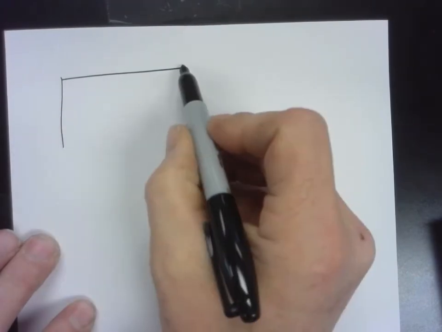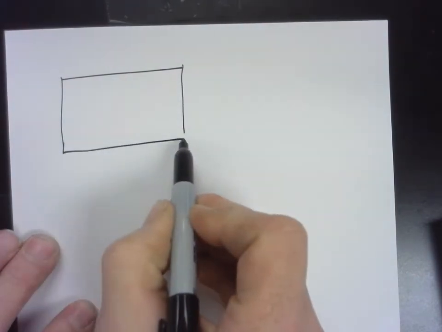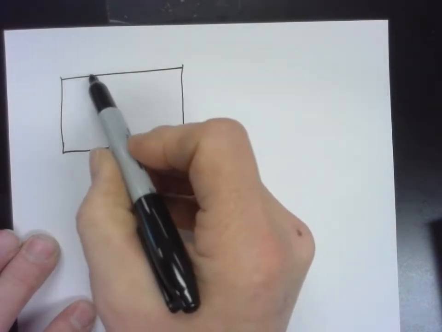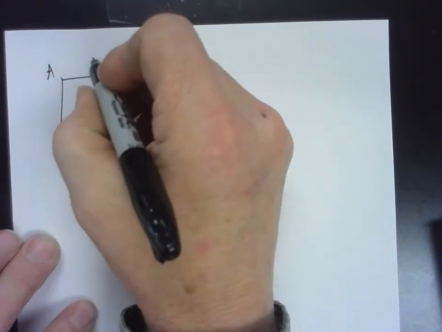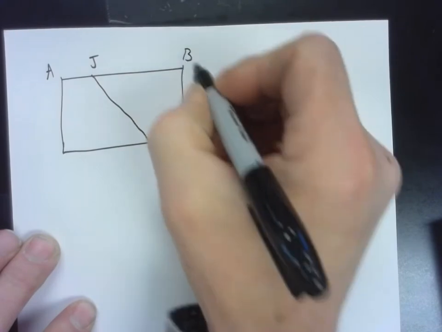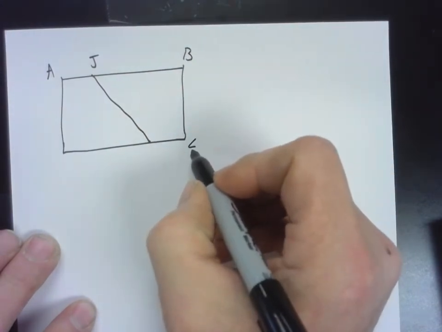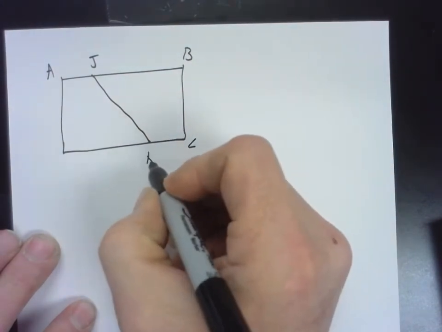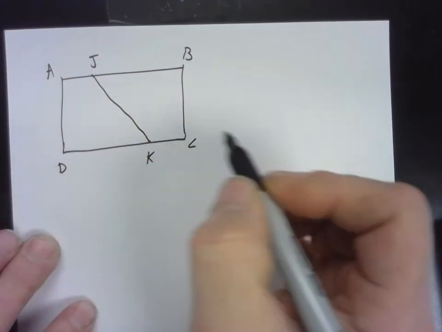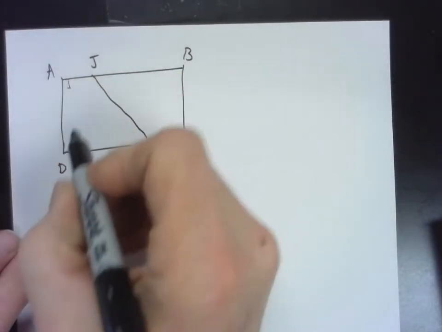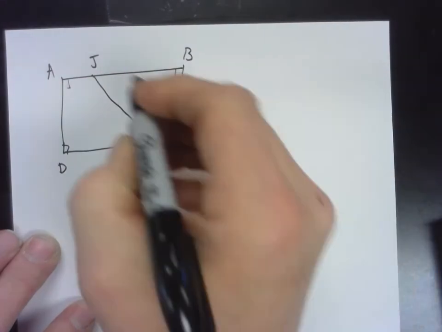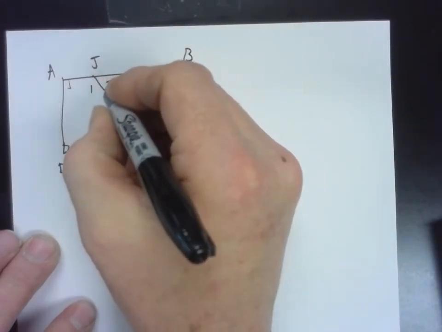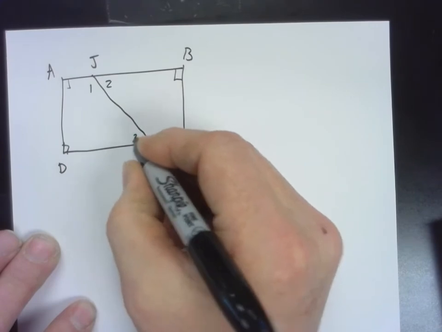So we've got this wall, and it looks like they painted it kind of like this. They've split it that way. A, J, B, C, K right here. This is D, and that's a right angle, that's a right angle, that's a right angle, that's a right angle, and then they've been nice and numbered some angles for us.